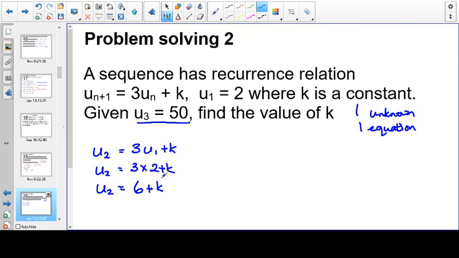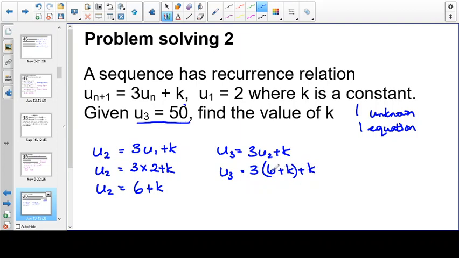So that's u2. So now if I say that u3 is 3 lots of u2 plus k. So u3, well, we know what u2 is now. u2 is 6 plus k. So 3 lots of 6 plus k, plus k.